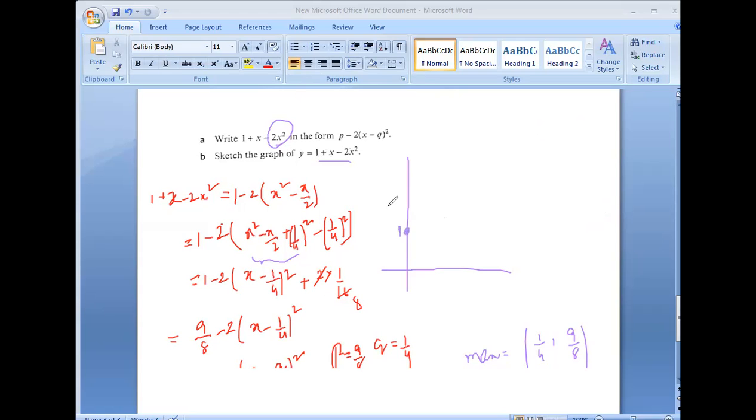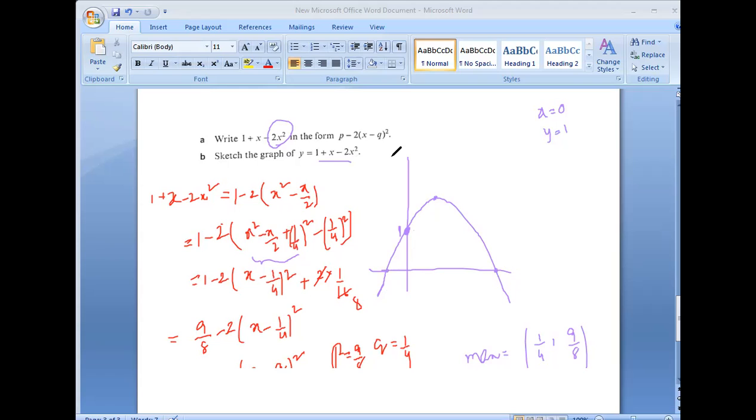So the curve will be like this; it intersects the y-axis at y equal to 1. If x is equal to 0, the y value will be 1. However, this has a maximum, so the curve will be like this. These 2 points also you can find.